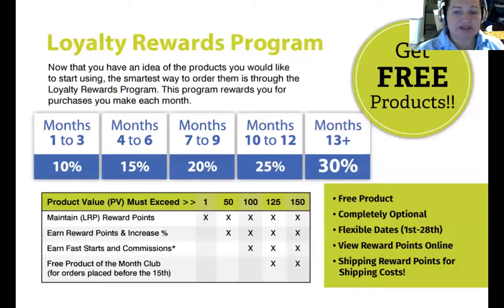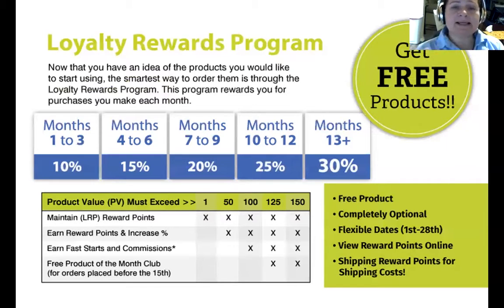When you purchase 100 points or more, then you are eligible for commissions if you are interested in that. When you order 125 points or more a month, then you will receive a free product of the month. Those are pretty cool. And again, who doesn't want free stuff?